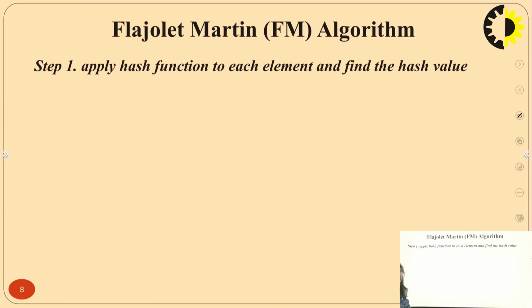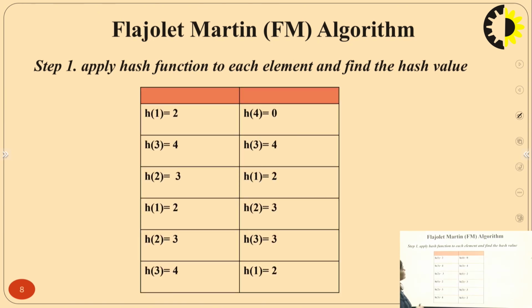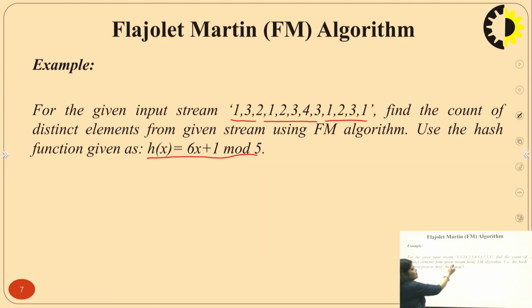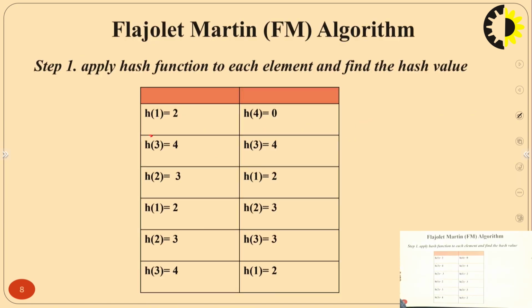Step 1 says that we first apply the given hash function to each element of the stream and find the hash values. So we are calculating the hash of each and every element of the stream. The first element here is 1, so we apply the hash function over 1.